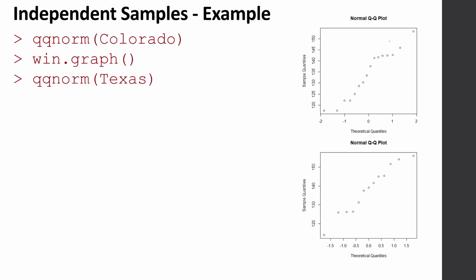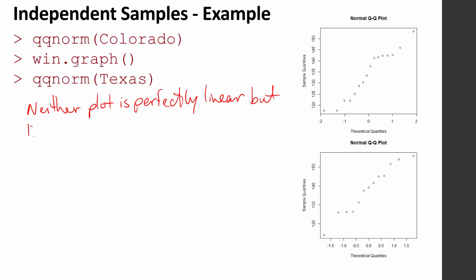All right, so I'm going to say that neither plot is perfectly linear, but I don't see glaring evidence of a shape.